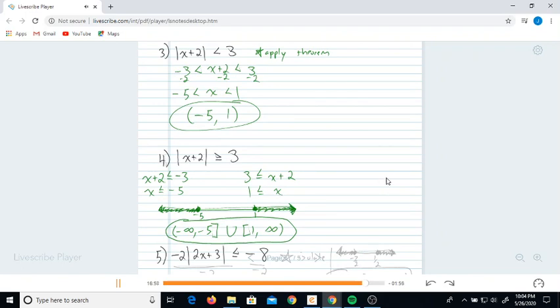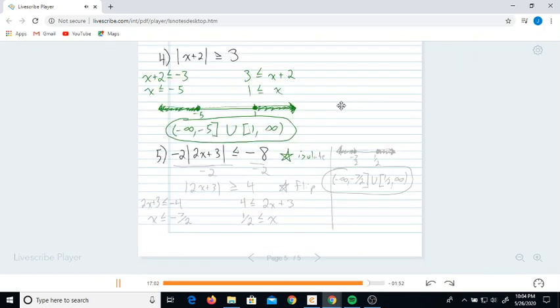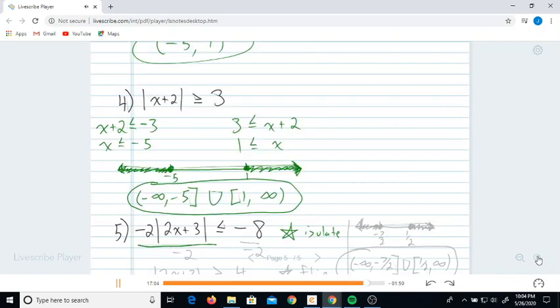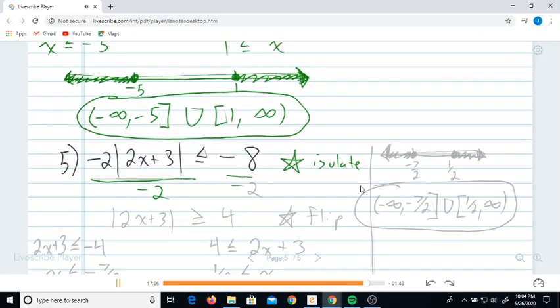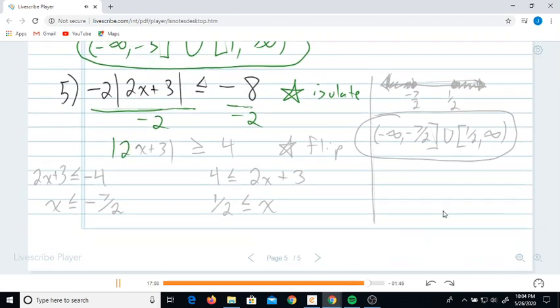Now let's look at our last example. We want to go ahead and isolate it first. So we do that by dividing both sides by -2. Now when we do that, we have to flip the sign. So don't forget to flip it. So distance is greater than 4 units from 0.